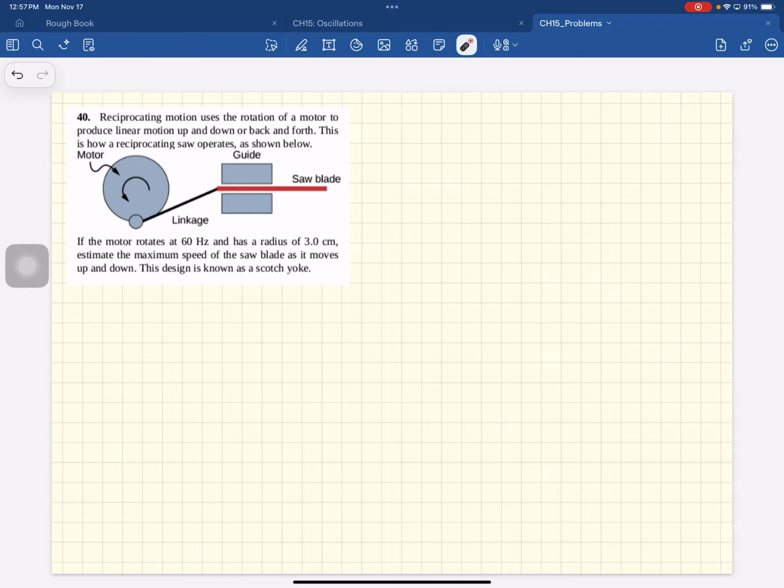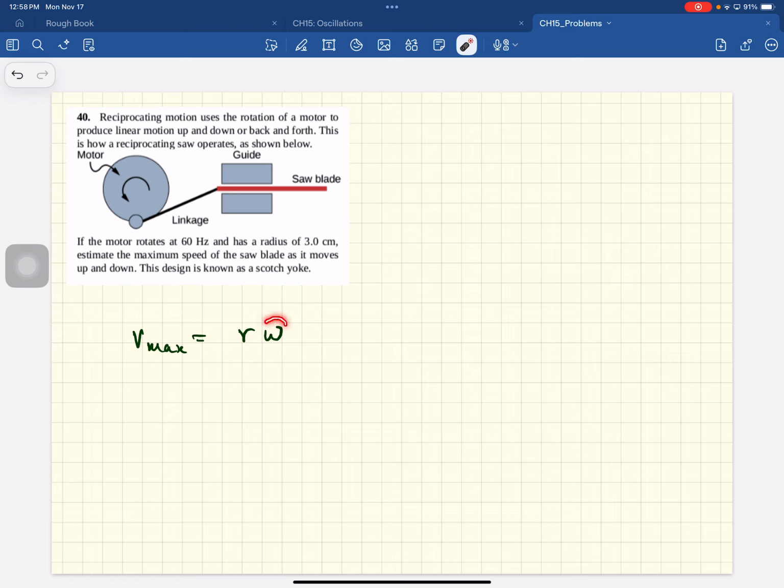So you guys understand that the maximum speed of this guy is equal to the maximum speed of that. So let's just calculate the maximum speed of this. V max equals R omega. Remember, this is relating a linear speed to an angular speed.